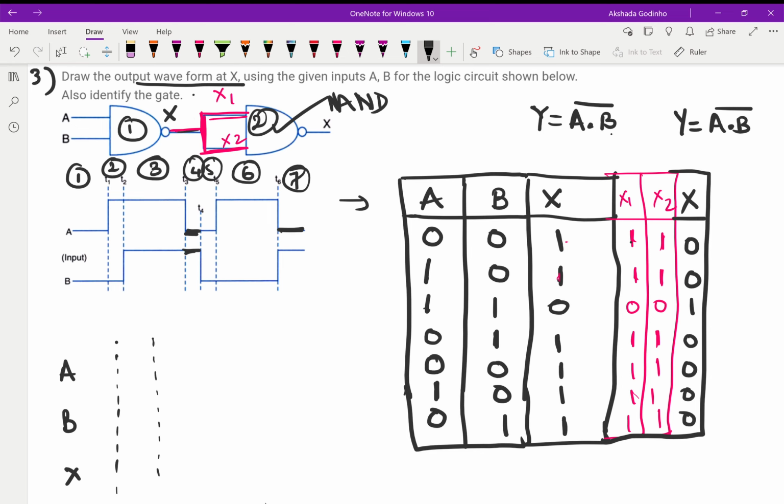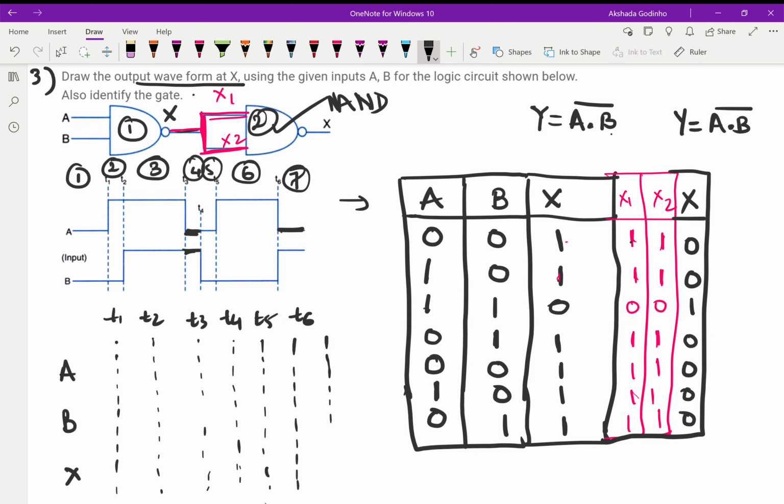You can space them out equally. This is the first, second. This is going to be your T1, T2, T3, T4, T5, T6, and if you want T7, the last one. And now we begin.